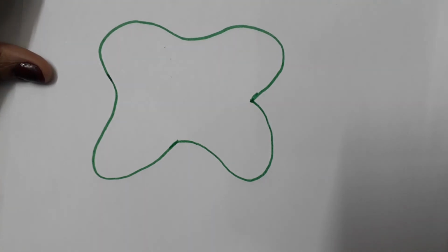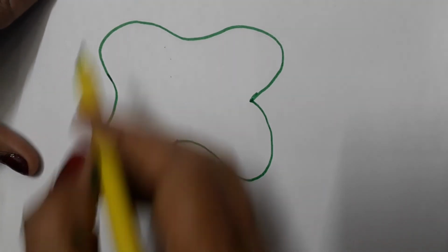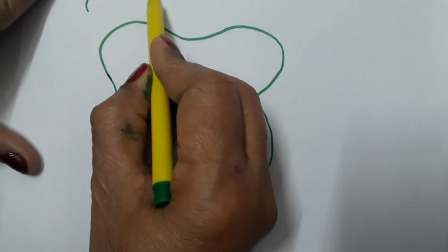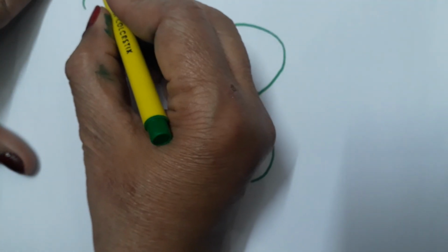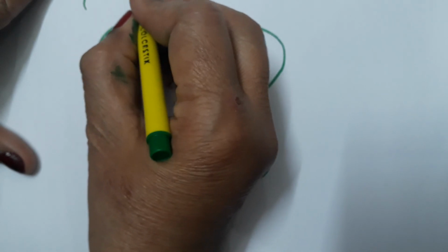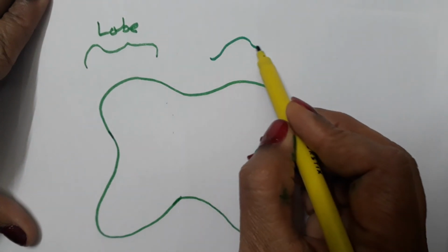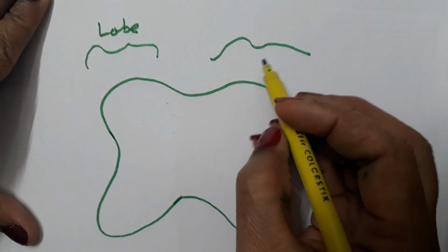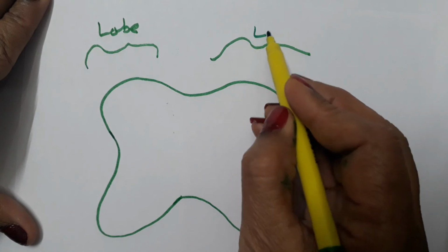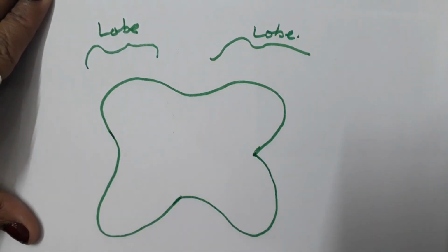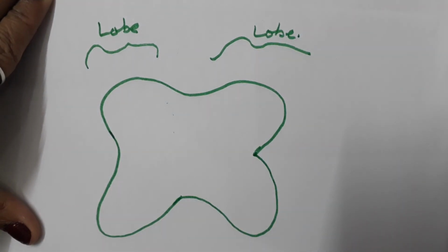Such a structure is visible if we cut the transverse section of the anther. This portion represents one lobe or one theca, and this is the other lobe or second lobe, representing the dithecous condition.